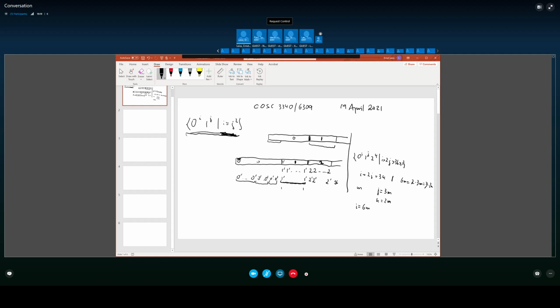And then you simply have to, because these are not greater or equal, these are strictly greater, make it 6m plus 2 greater than 2 times 3m plus 1 greater than 3 times 2m.